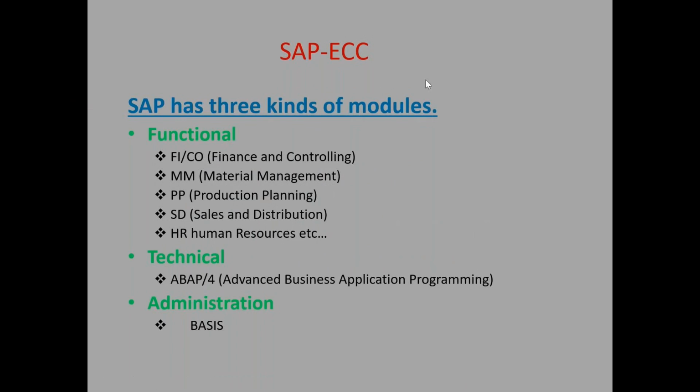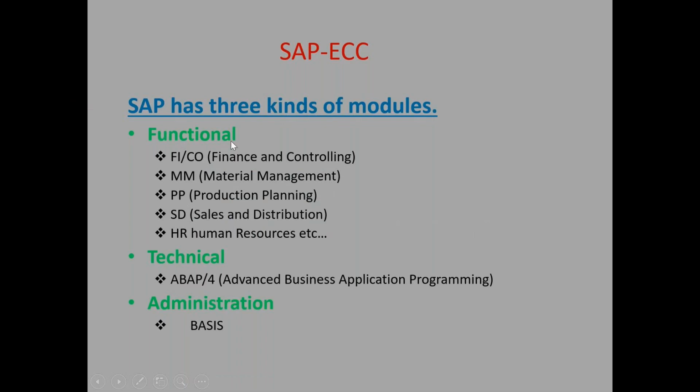By that time, the SAP ECC system had been divided into three kinds of modules: functional modules, technical modules, and administration modules.